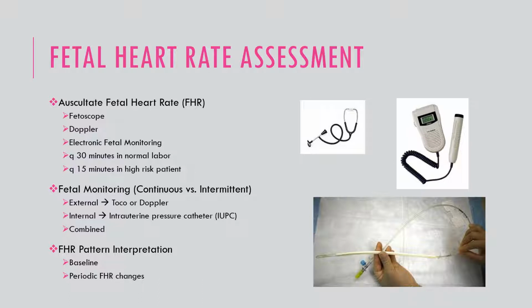We can do it from an internal standpoint where we have an intrauterine pressure catheter that is placed inside mom's uterus to give us an exact measurement of contraction pressure. And we can also use an internal monitor for the baby's heart rate, and that's called a fetal scalp electrode. It's placed directly into the baby's scalp and allows us to measure heart rate that way.